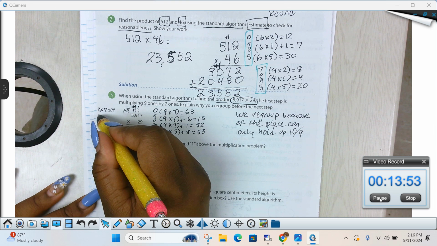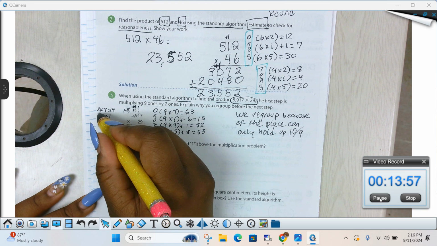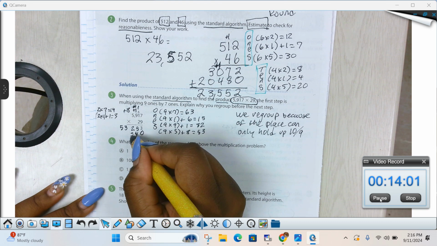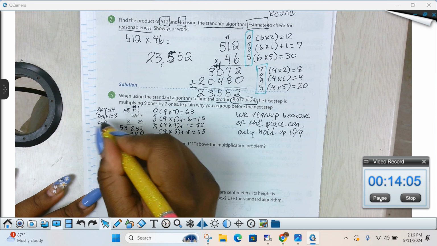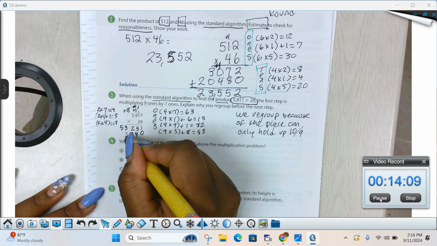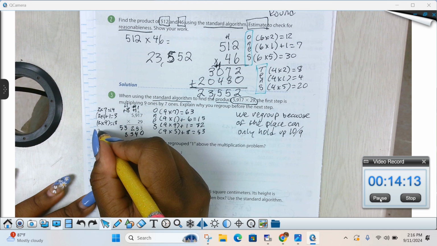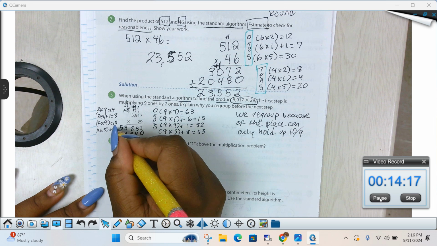2 times 1 plus 1. 3. 2 times 9. 18. Carry the 1. And 2 times 5, plus 1.